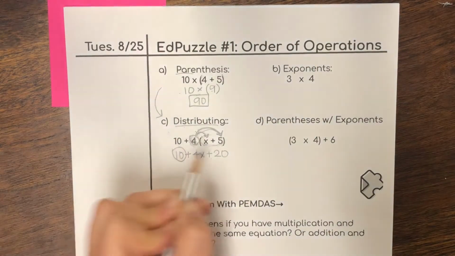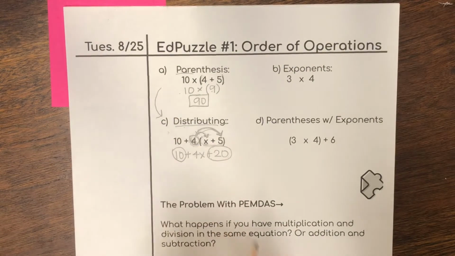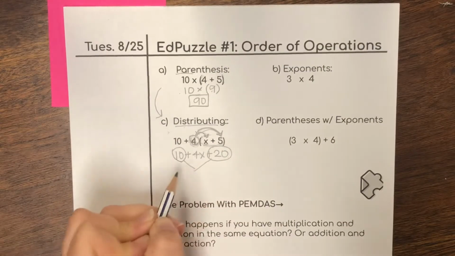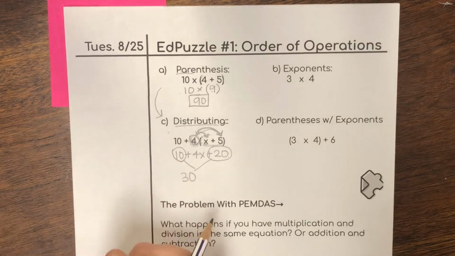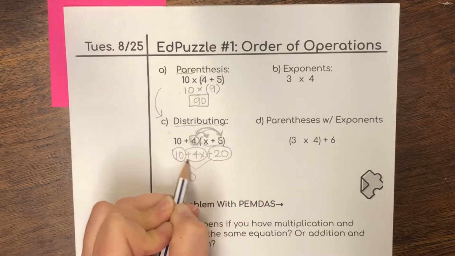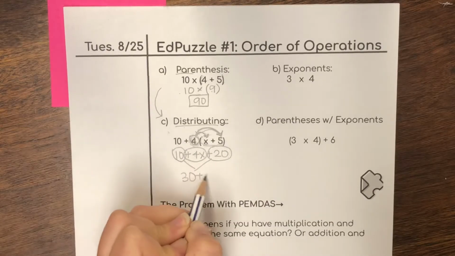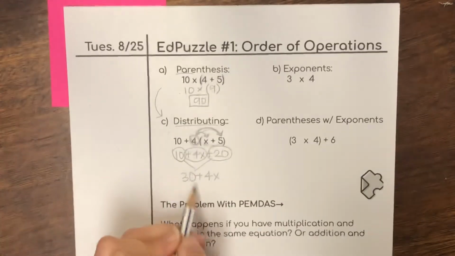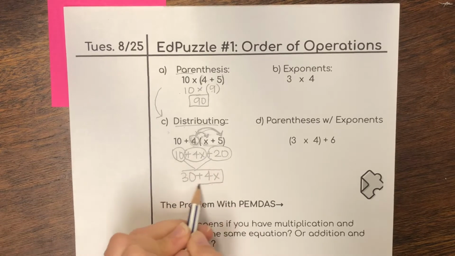So I have 10 and I have 20. And so I can combine those to get 30. And then I'm going to bring down my last term, 30 plus 4x. And since I can't combine those, guys, that's as far as I can simplify. There is nowhere to go from there.